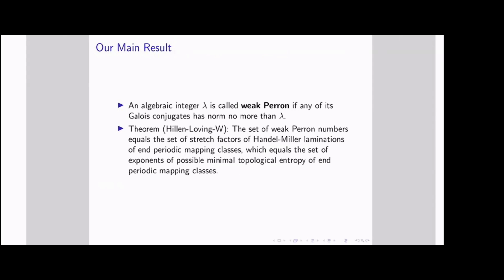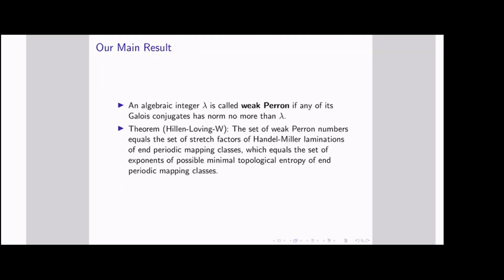The theorem is that the set of weak Perron numbers is exactly the same as the set of all possible stretch factors of Handel-Miller laminations of pseudo-Anosov end-periodic mapping classes. It's also exactly the same as the set of exponents of possible minimal topological entropies of all end-periodic mapping classes; here we do not even need to assume pseudo-Anosov. Of course, if we restrict to pseudo-Anosov, that's also the same set. So this is our conclusion.